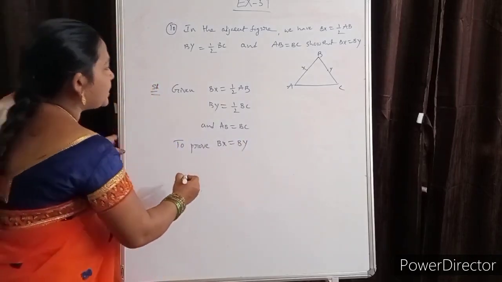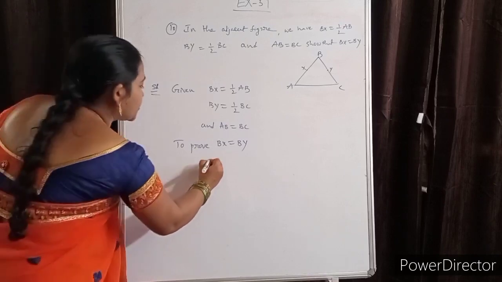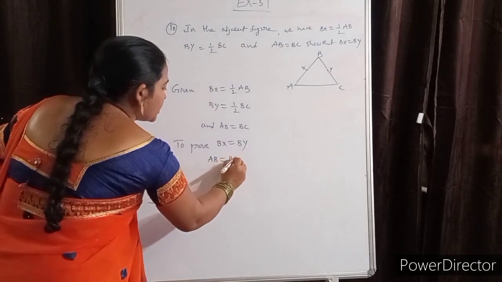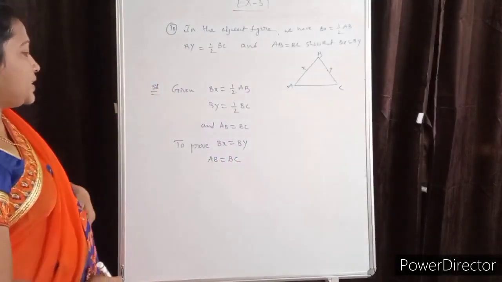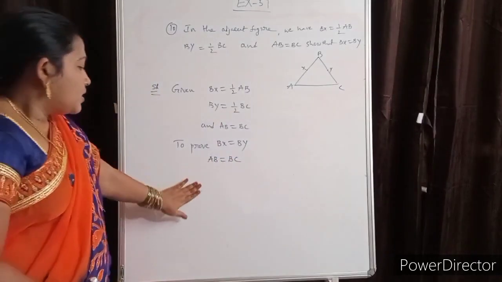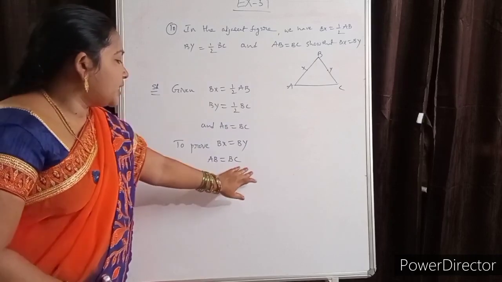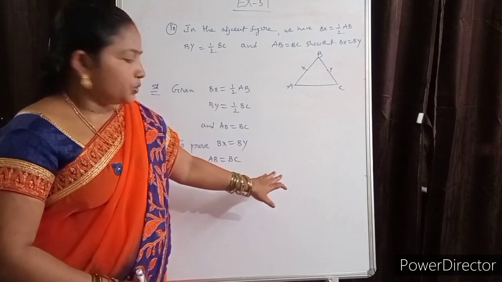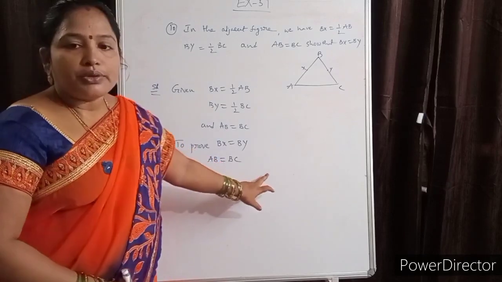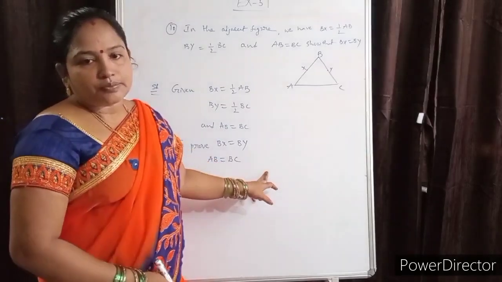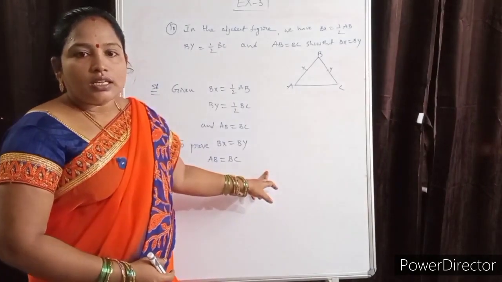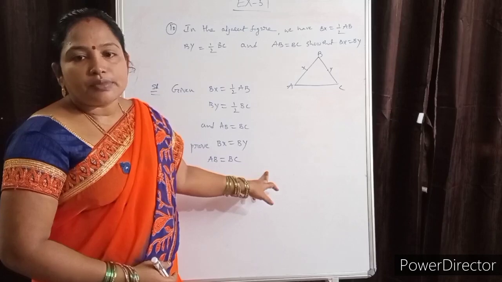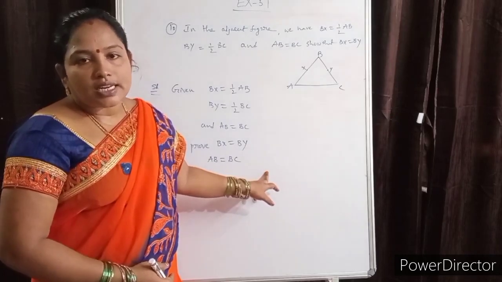Take AB is equal to BC. According to the problem, AB is equal to BC. Dividing both sides by 2, by using Euclid's axiom, things which are halves of the same things are equal to one another.